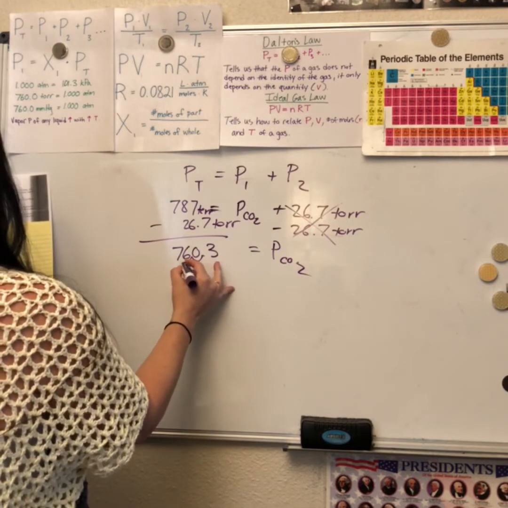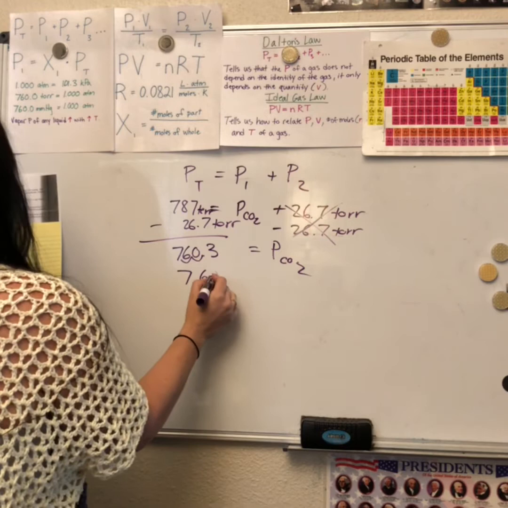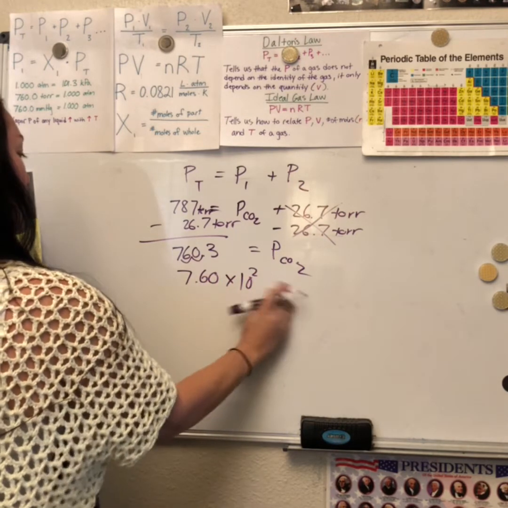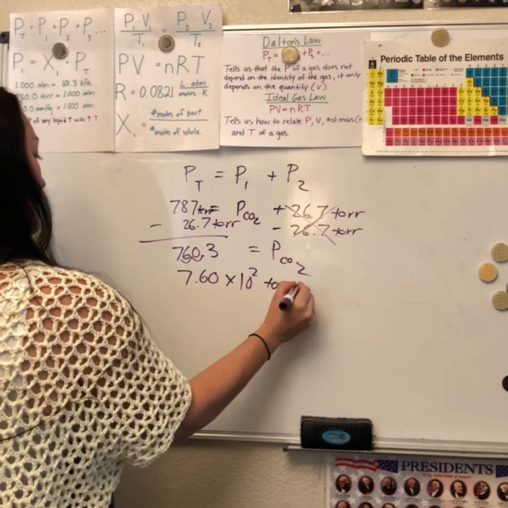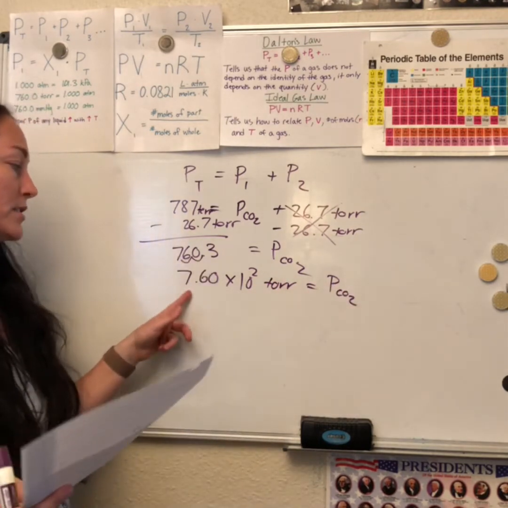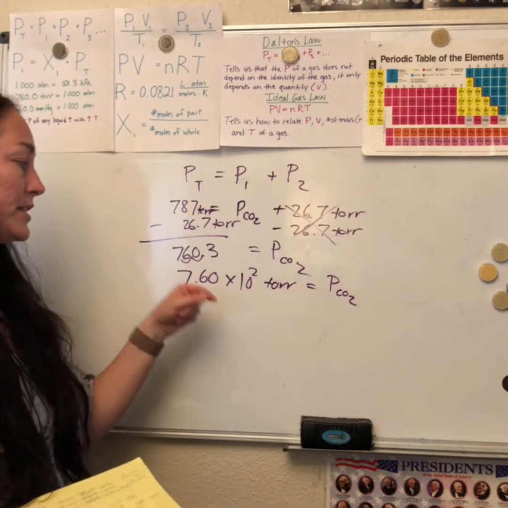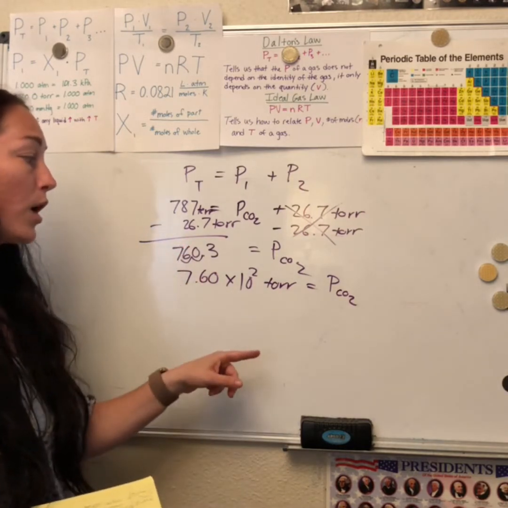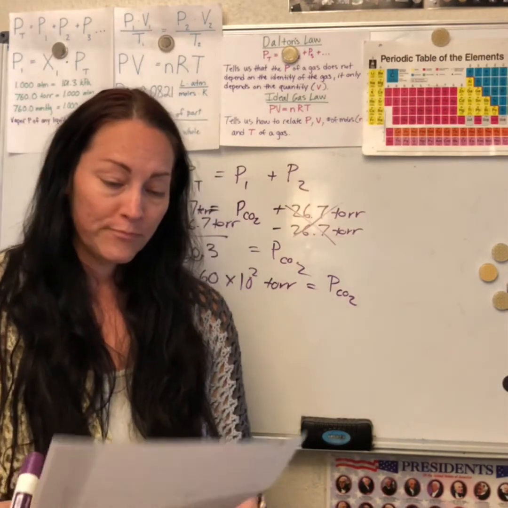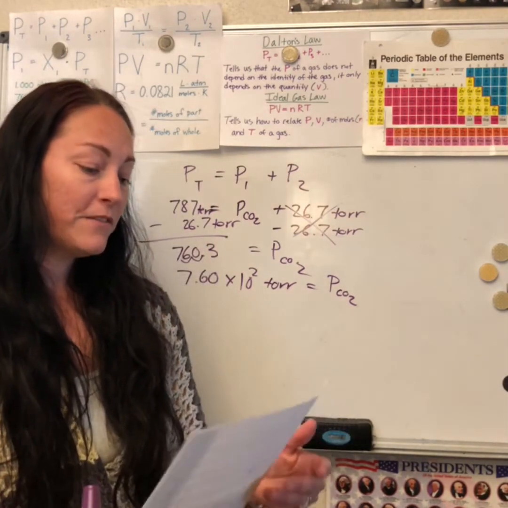So I'm going to round it, and then put my torr. Okay, so then my answer is 7.60 times 10 to the second torr, and that's the pressure of the carbon dioxide. Okay, all right, let's look at number 5.